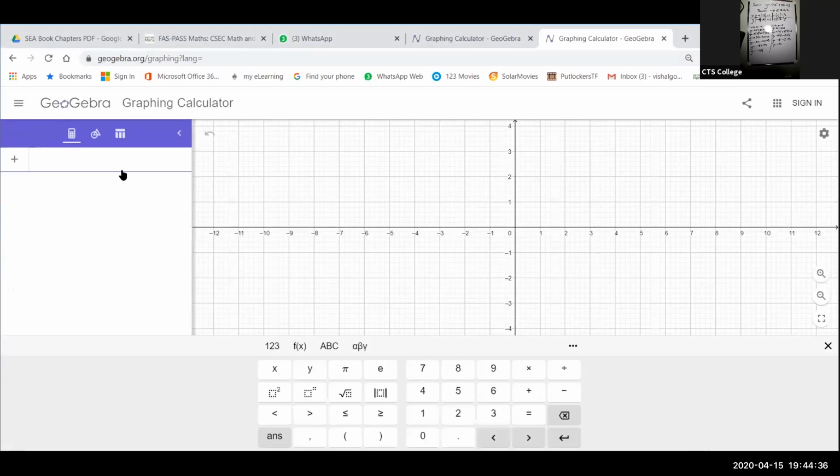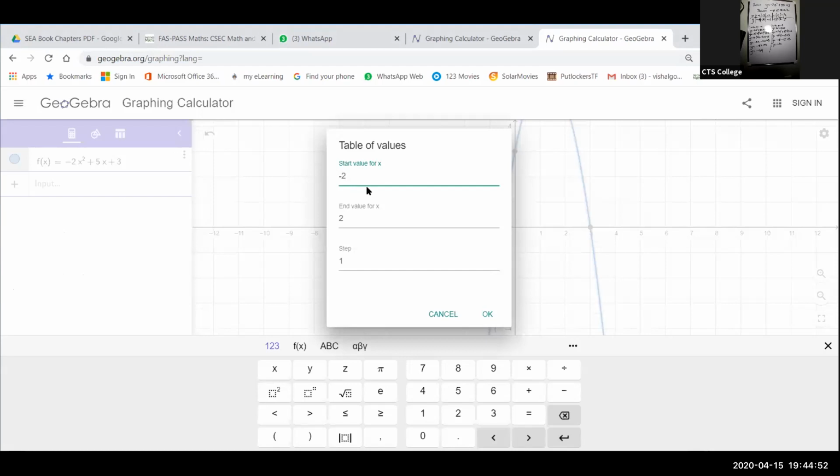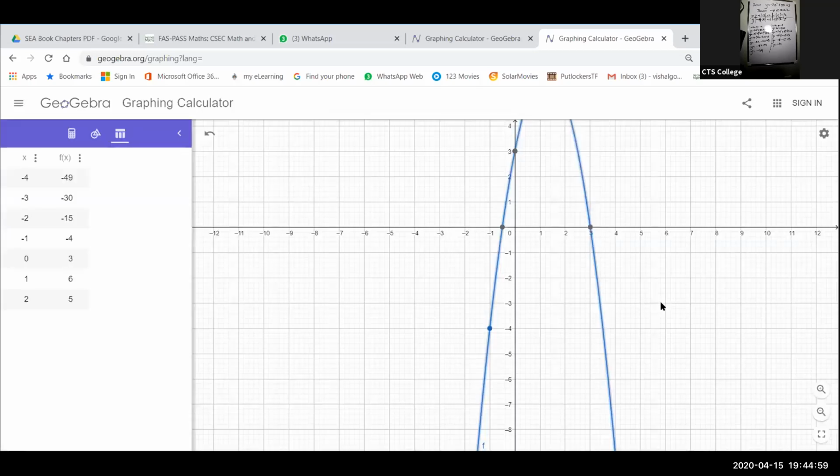All right, so let's see. It's -2x squared plus 5x plus 3. And our table of values begins with -4 and ends with 2. Okay, so let's see our graph here.